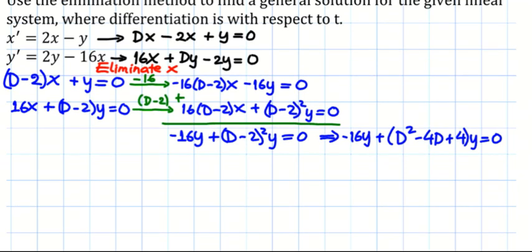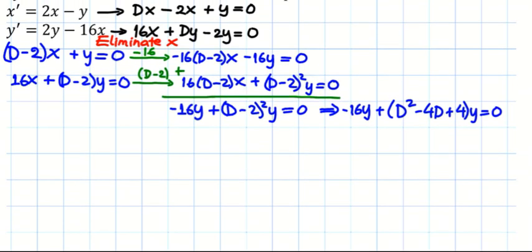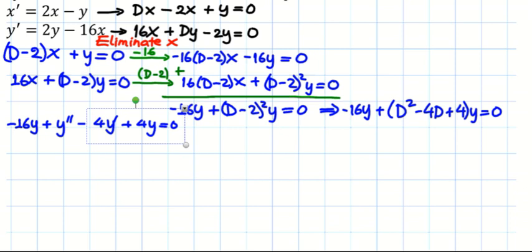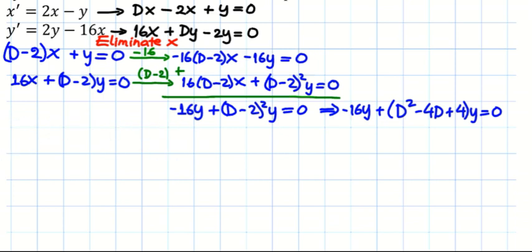So we will have negative 16y plus the second derivative minus 4 times the derivative plus 4 times the function equal to 0.